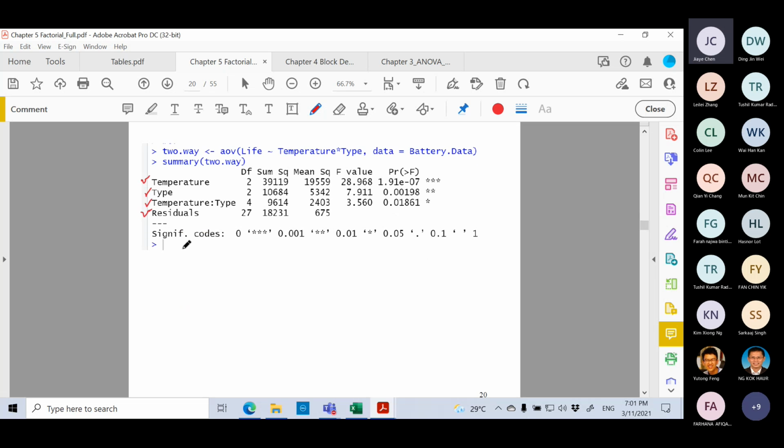Therefore, for the sum of squares for total, the degrees of freedom will be 35. So once you know these three, 35 minus 8, you will get 27. In fact, for the residue, you don't need to memorize the formula and the degrees of freedom.